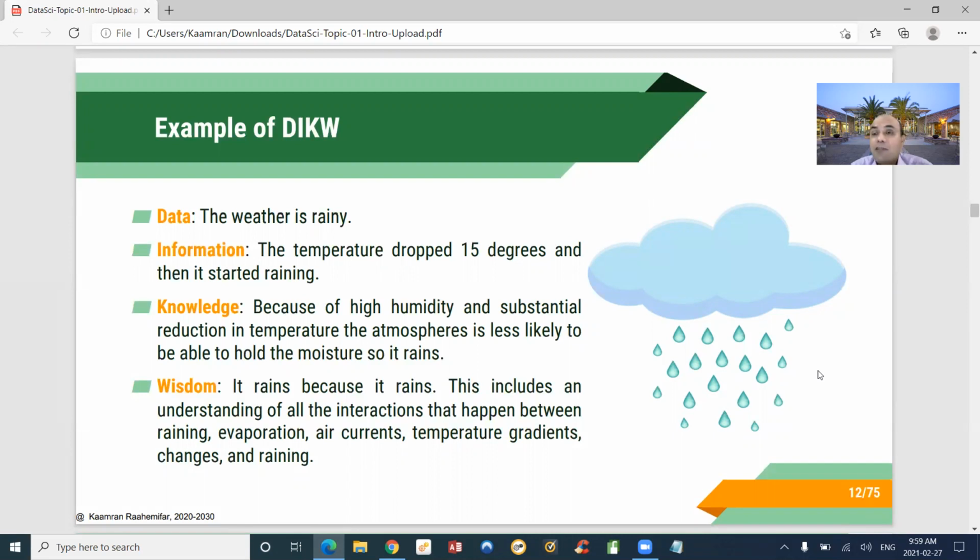Then we have an additional piece of information, a piece of data, that is coming in. The temperature dropped 15 degrees and then it has started raining. Okay, so this is going to be helpful. This is going to tell us something at some point down the road, in the future, not now. I'm just trying to help you to see what my mindset is.